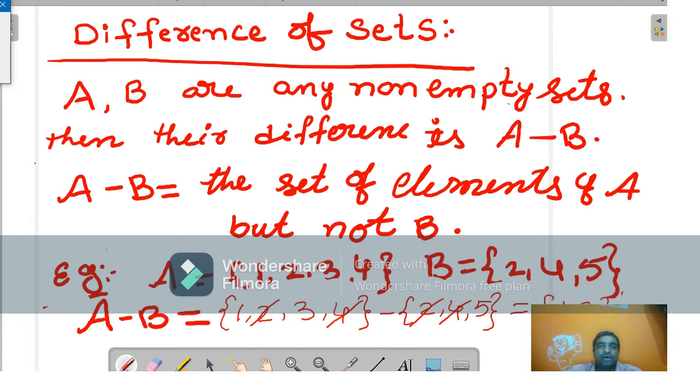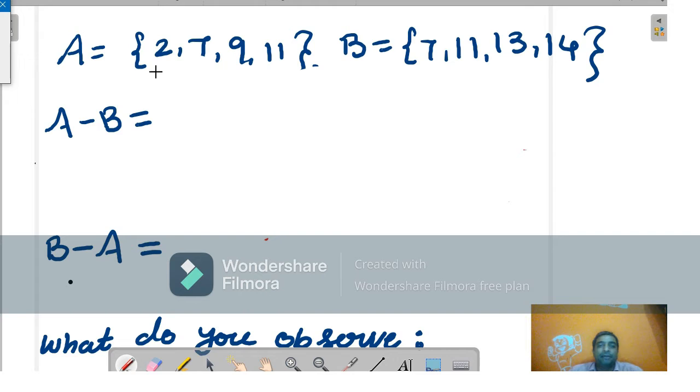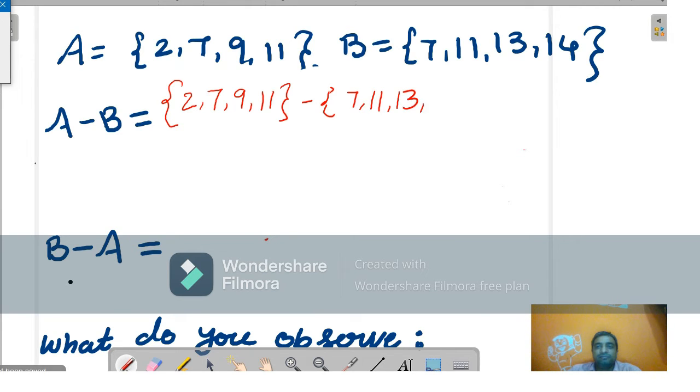Let us see a few more examples. Here two sets are given. A is equal to 2, 7, 9, 11 and B is equal to 7, 11, 13 and 14. Let us see A minus B. So 2, 7, 9 and 11 minus 7, 11, 13 and 14.